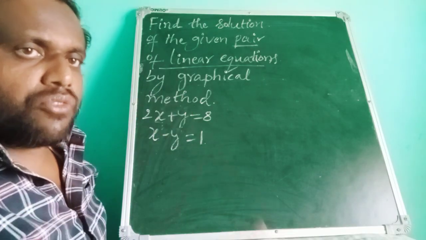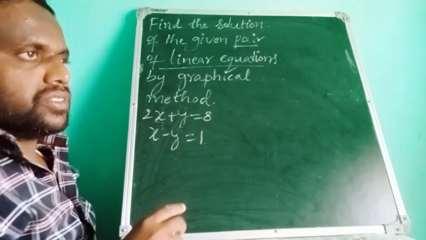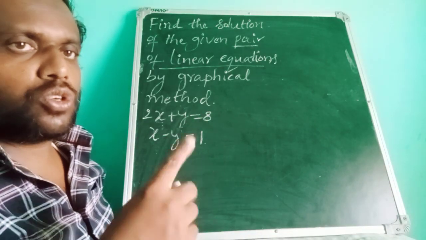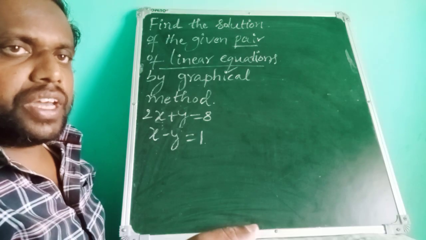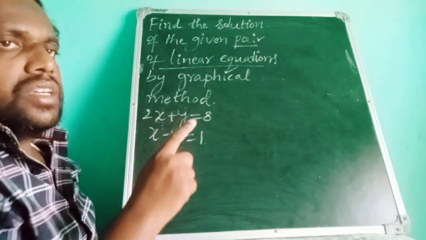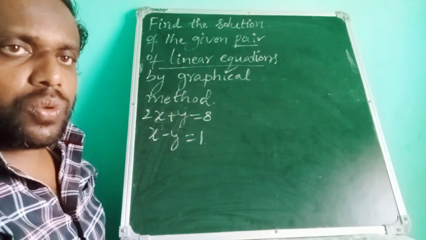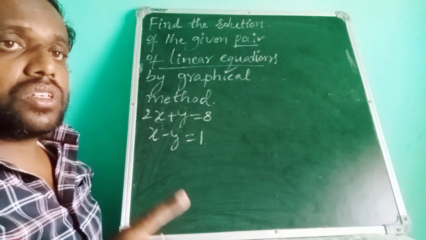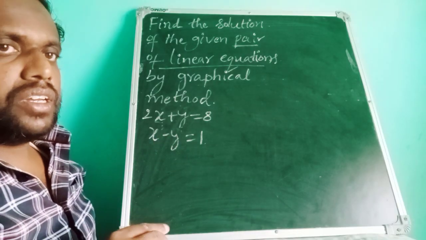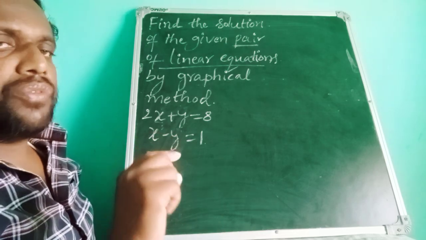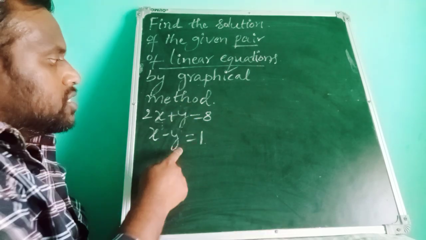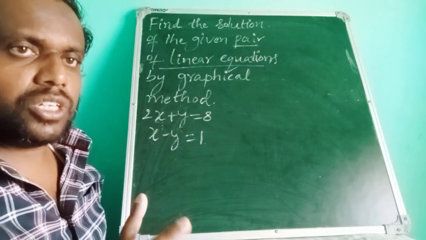You substitute the same values in both the equations, for example x is equal to 0, y is equal to 1. If you substitute x is equal to 0, y is equal to 1 here, you should take the same here also. So that solution you have to find. It is not like different x and y values for this equation and different x and y values for that equation. No, that's not right.